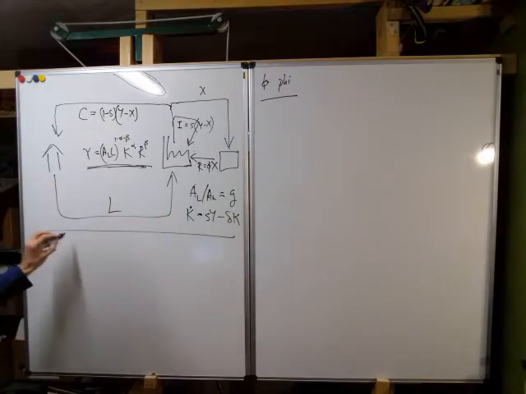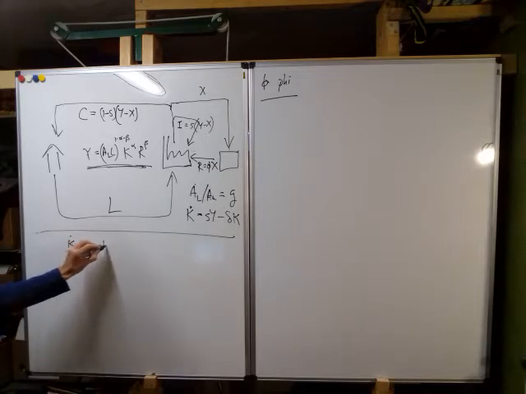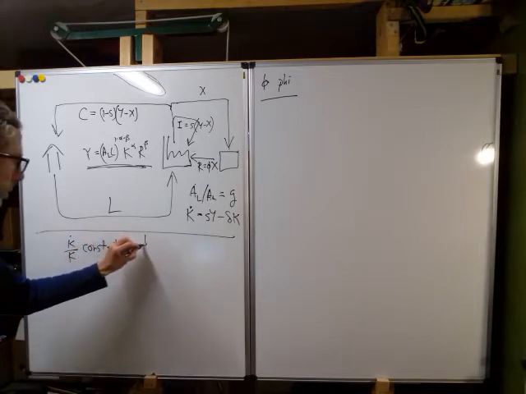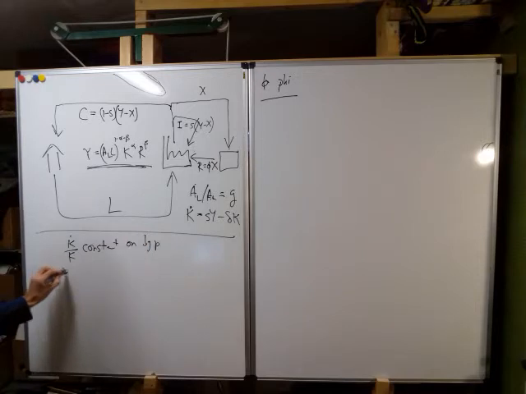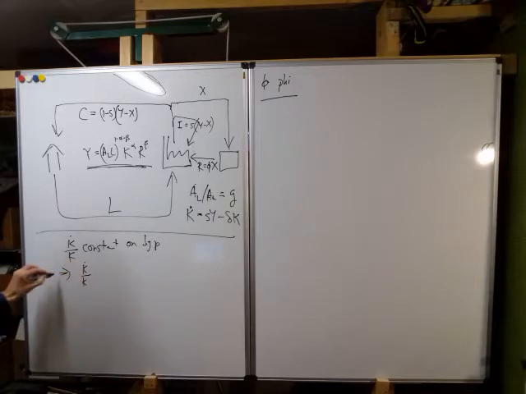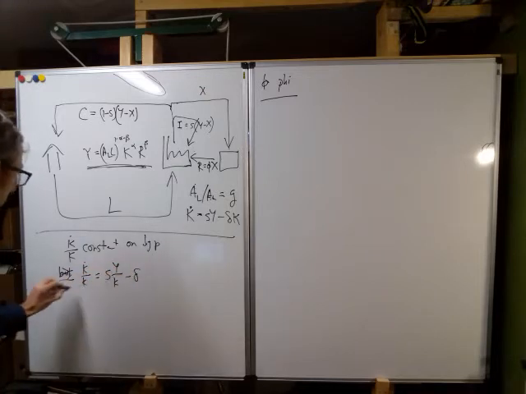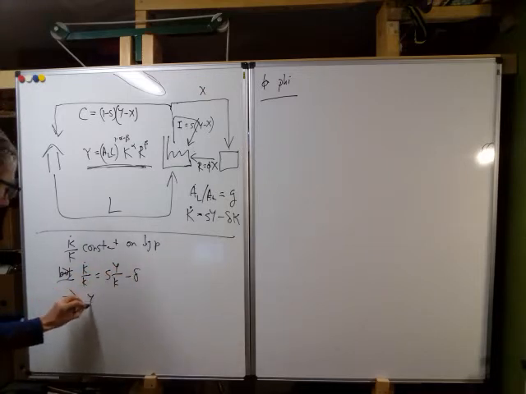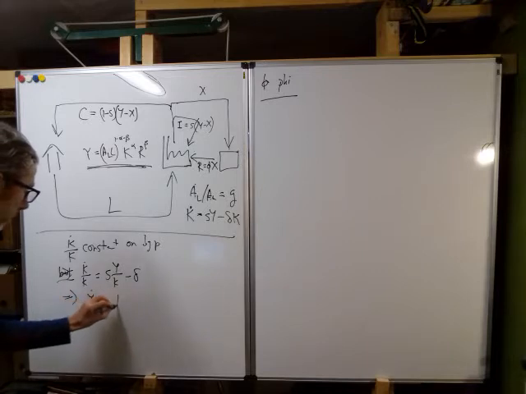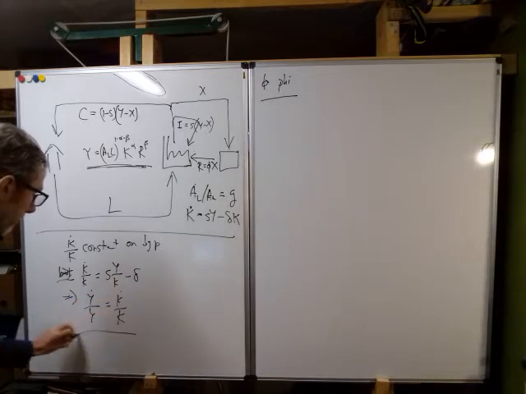So we assume a balanced growth path, so k dot over k is constant on a BGP. Or you could say, k dot over k is S y over k minus delta, therefore y dot over y equals k dot over k.